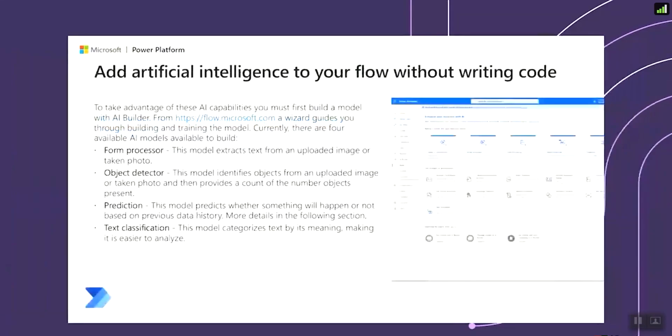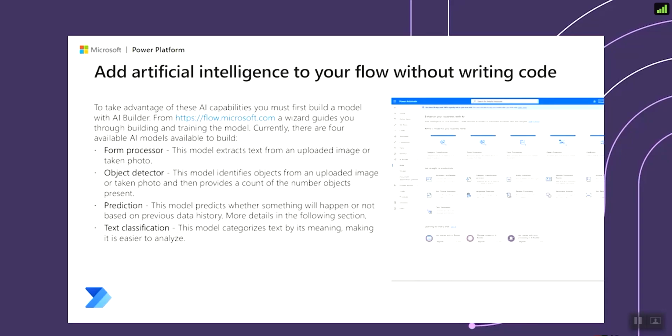Then you can add artificial intelligence to your flow without writing any line of code. To take advantage of these AI capabilities, you must first build a model with AI Builder. You can go to flow.microsoft.com and then follow a wizard that will guide you through building and training the model.